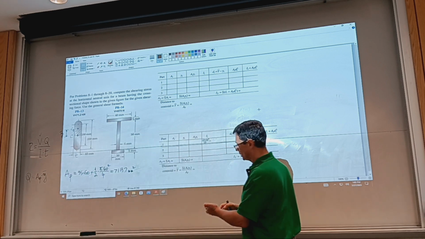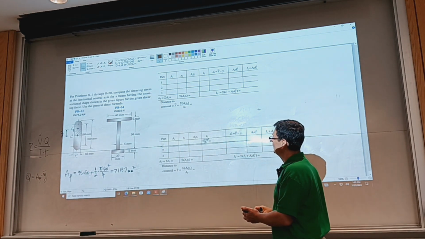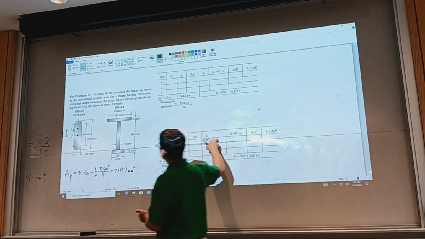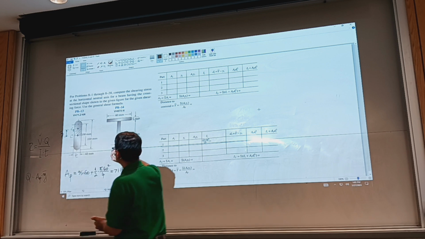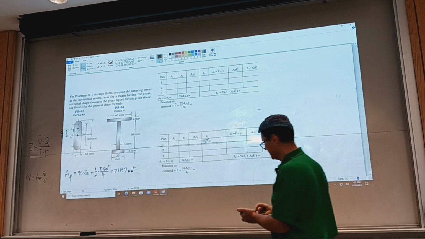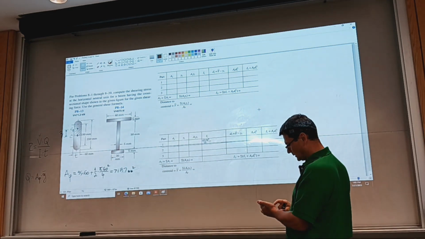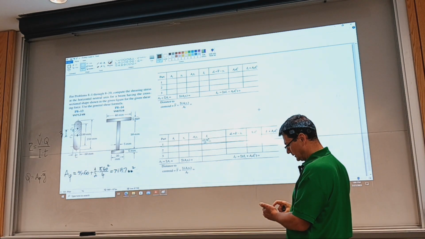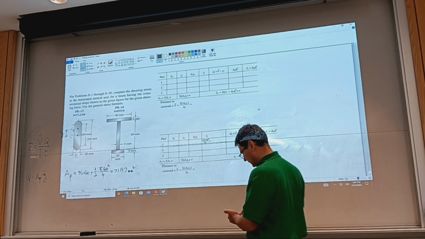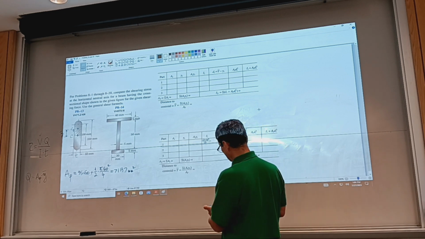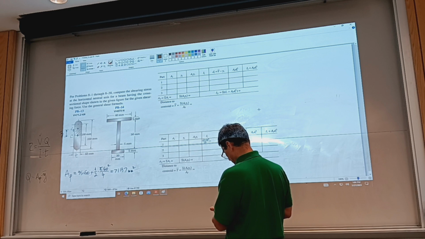And we were, like I said, evaluating the centroidal moment of inertia of the first shape, that is the rectangle. So that's 60 times 190 to the power 3, I'm sorry, over 12. So 60 times 190 to the power 3 over 12.